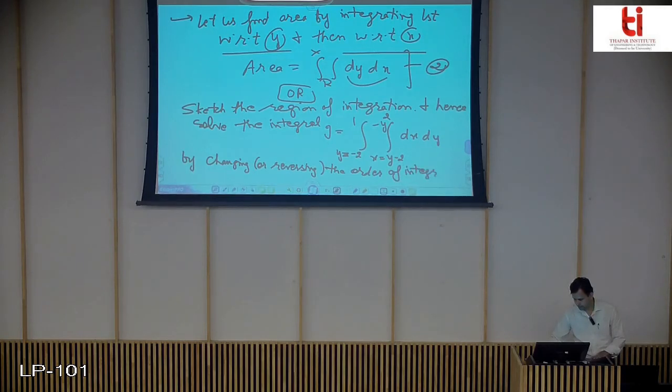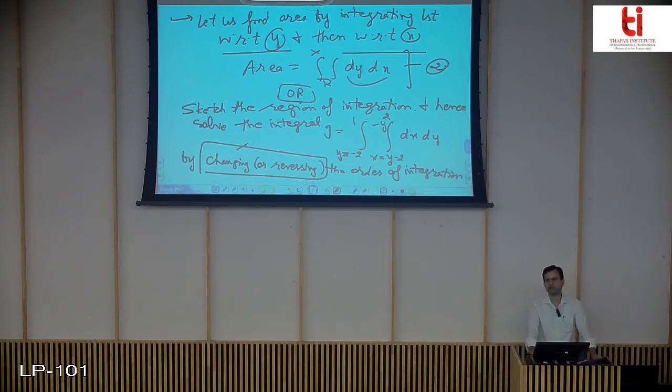This is the question asked regarding changing or reversing the order of integration, and it will show why, when we were free to choose the order of integration, we chose first with respect to x and then with respect to y. Now, instead of giving the region of integration, he gives you the full integral.